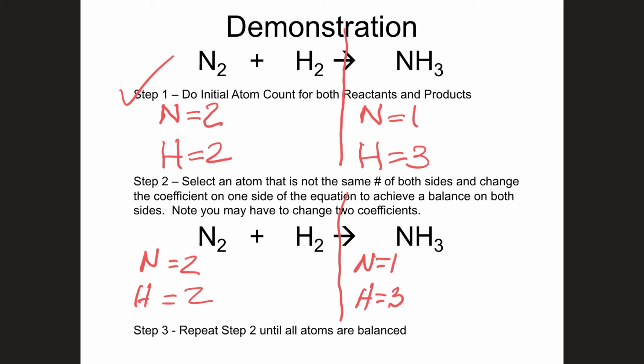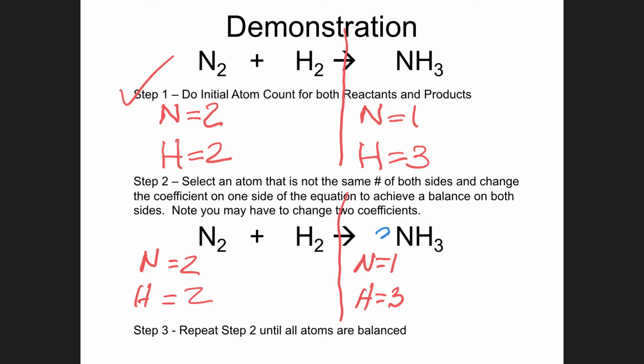So we're going to pick the nitrogen because it looks like the easiest one to pick. On this side of the equation, I already have 2, but I only have 1 here. So I have to multiply the thing that has the nitrogen in it by some number to get me 2. And that is a coefficient.